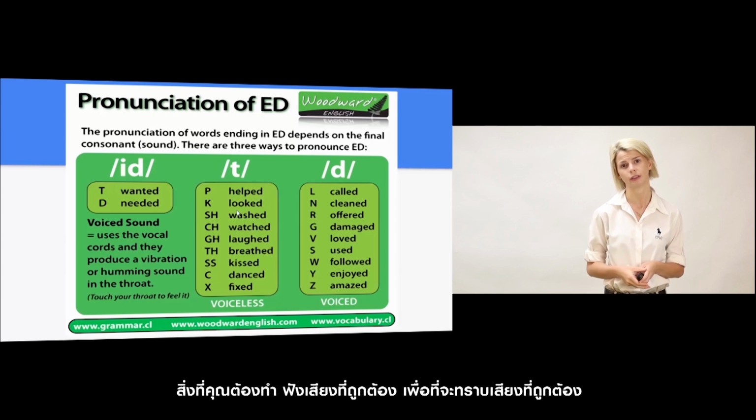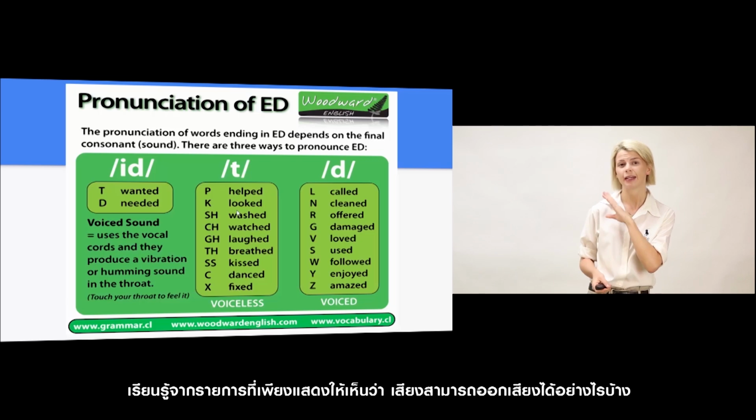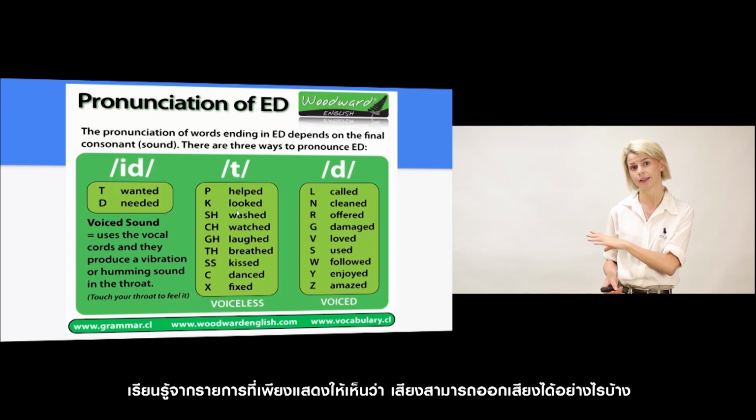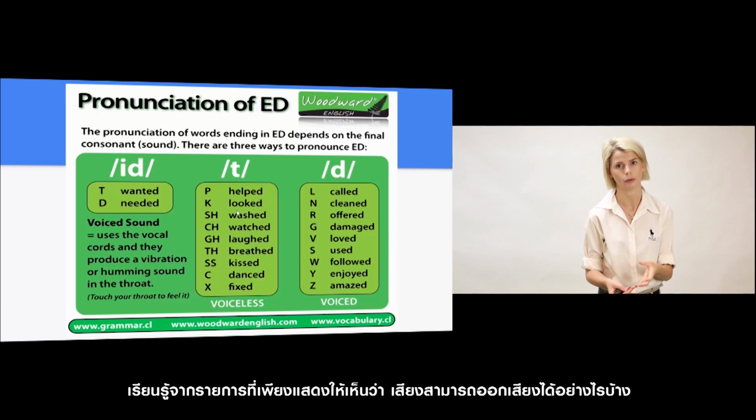What you need to do is listen to English often, a lot, and hear the correct sound. So when you speak, you know which sound to make. Learning from the list is not a great idea. The list is just here to show you what sounds can be made.